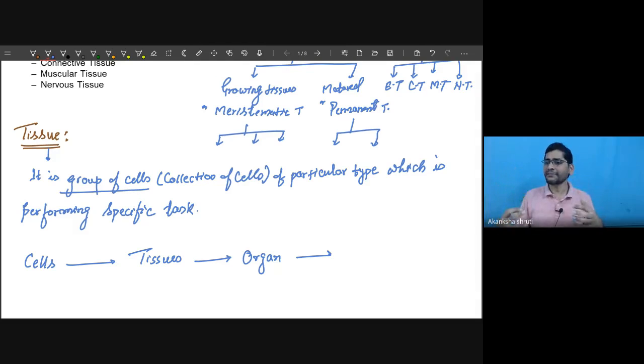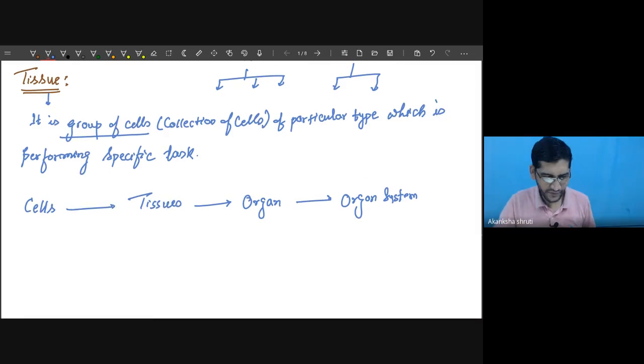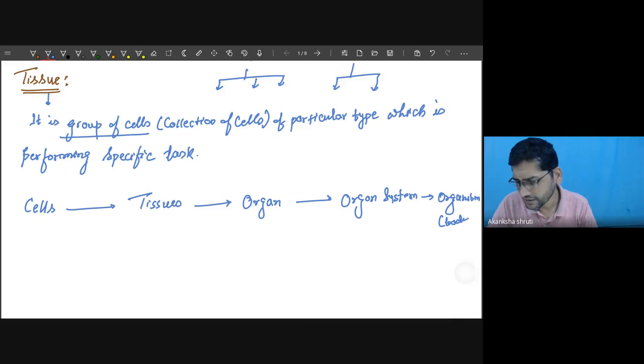But collectively it is forming the digestive system through which we can take the food and we can digest it so that we can get energy. So it combines to give an organ system. Now these organ systems together form the body or organism. Organism means the body.